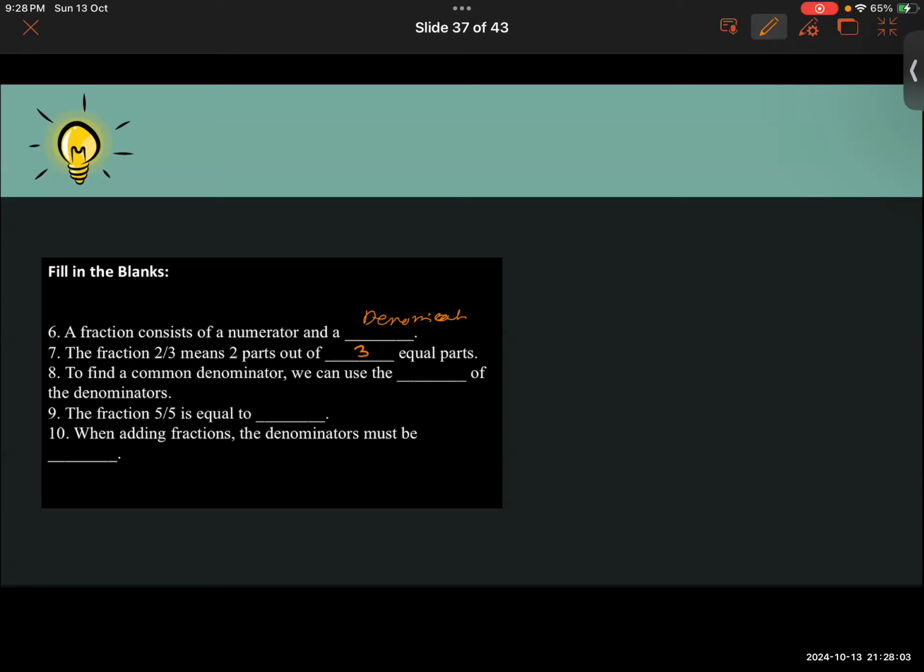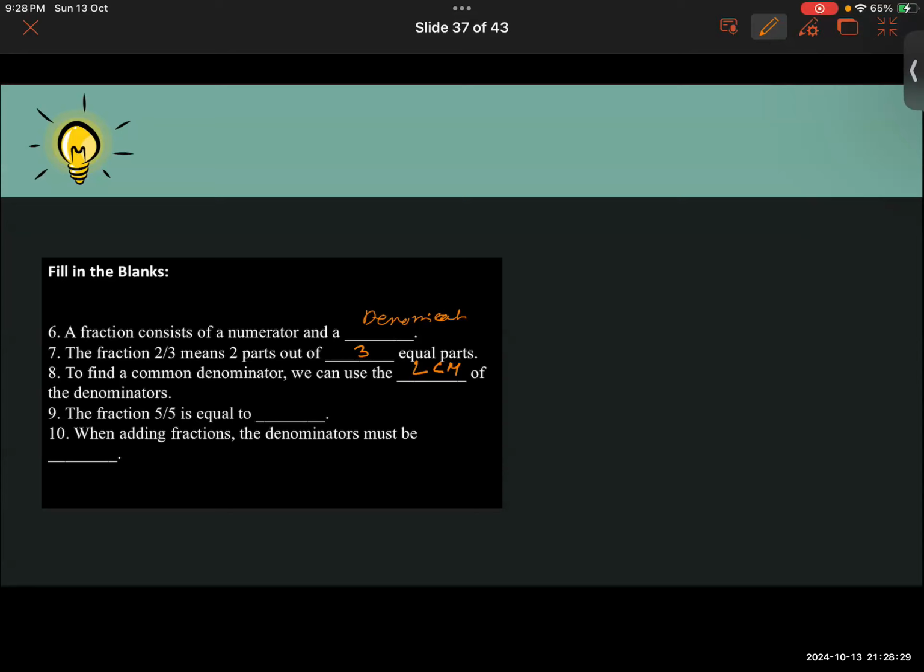Exactly. To find a common denominator, we can use the LCM of the denominators. First, you find the LCM and then you do it accordingly. Okay, then continue further.